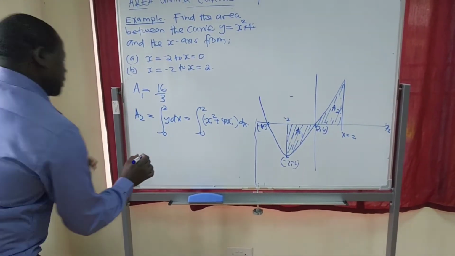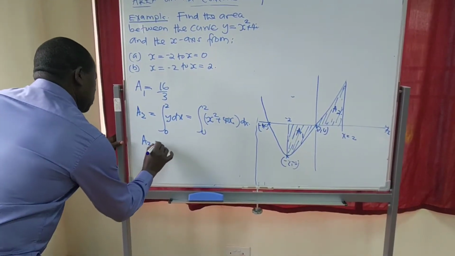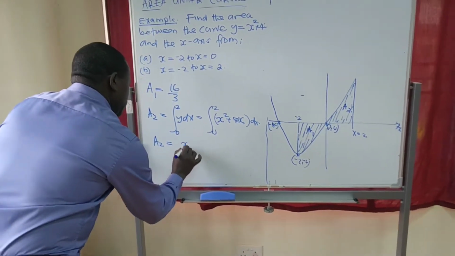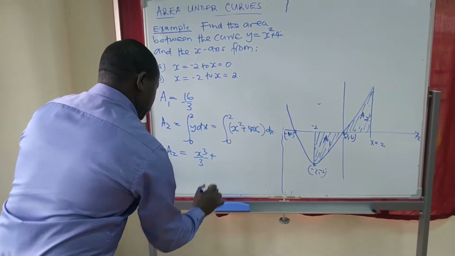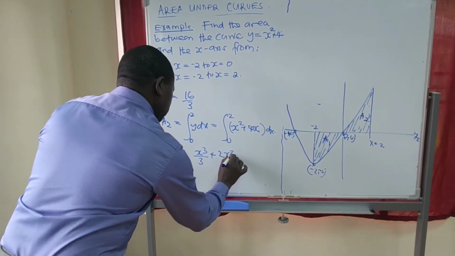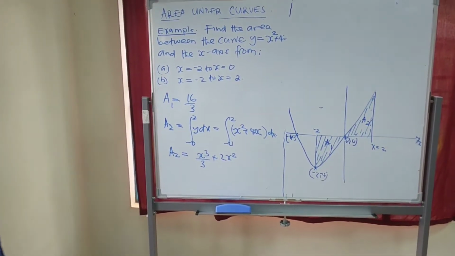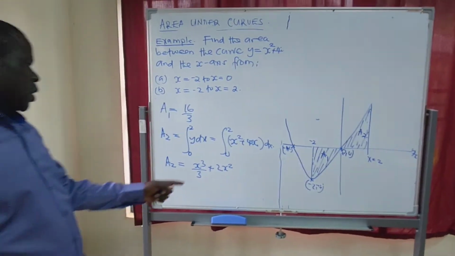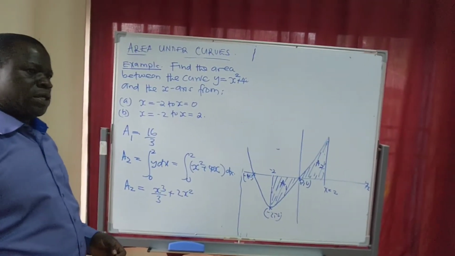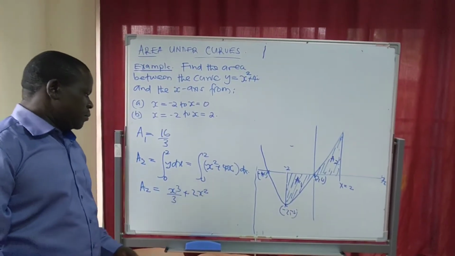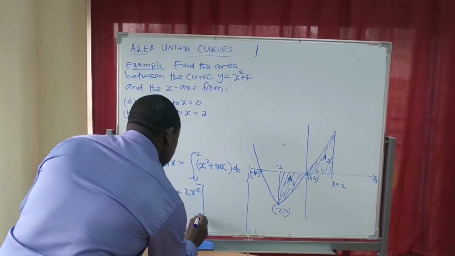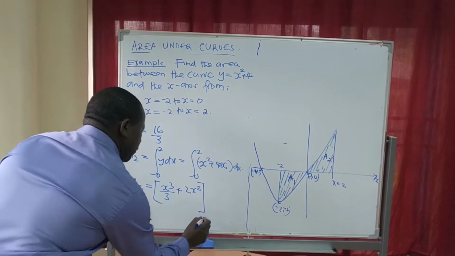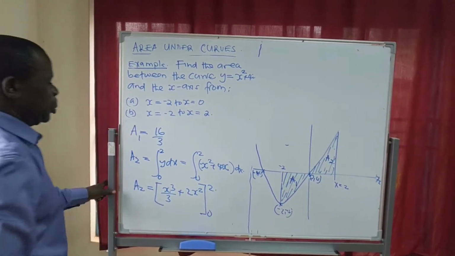If I integrate that, I'll get area A2 to be equal to x cubed over 3 plus 2x squared plus 4x. And when the limits are there, you don't waste time putting the integration constant. So here we simply insert the limits, this time from 0 up to 2.